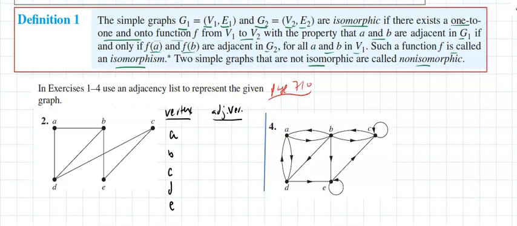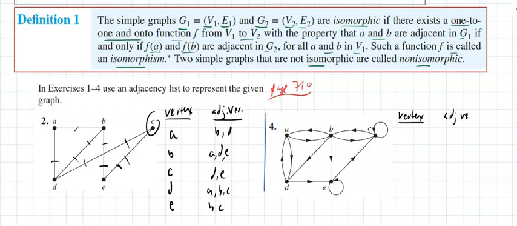The adjacent vertices to A, well, obviously B and D. To B, that is A, D, and E. To C, only two, D and E. To D, A, B, and C. And to E, only two, B and C. Done deal. That's it.